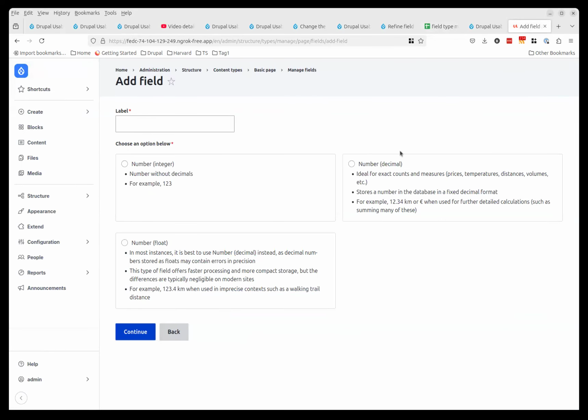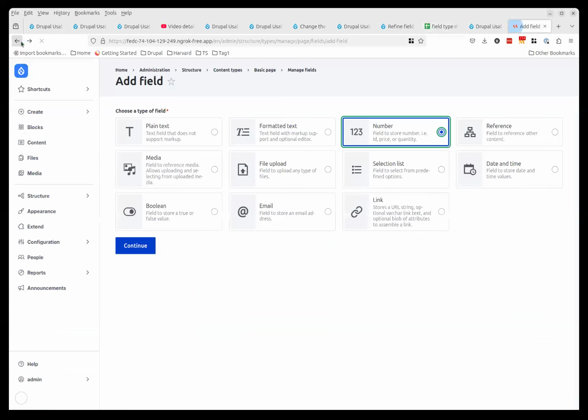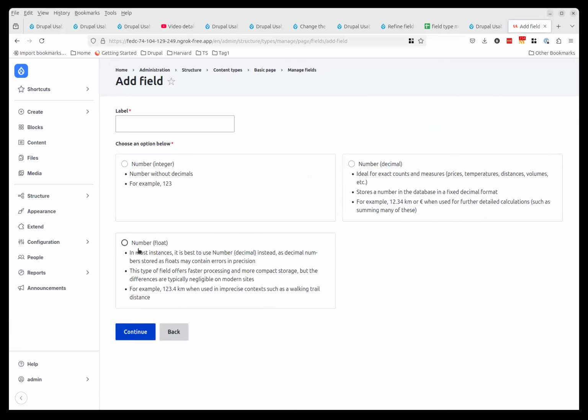You have to go back one step, and there you see "choose a type of field." And the other thing is on the next step. If you go, for example, to number again with continue, there you have "choose an option below," which is using directional microcopy, which is also not necessarily recommendable.